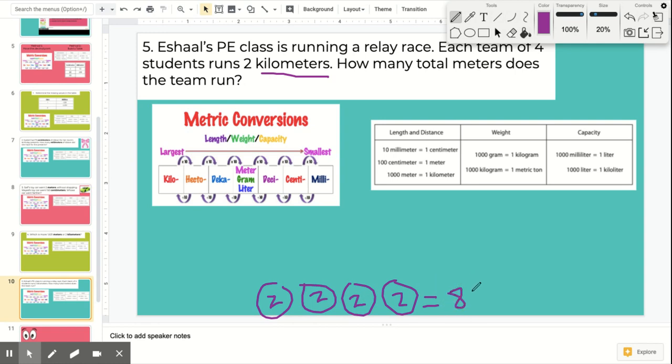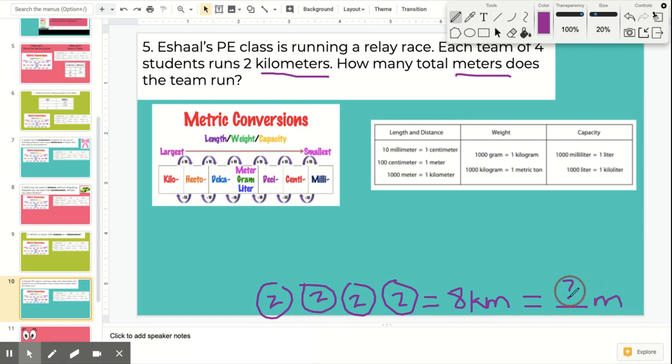Okay, and so you got to be careful because that would probably be an answer on an exit ticket or a test, 8 kilometers, okay? But the question doesn't ask for total kilometers, it asks for total meters. So they want you to figure out what 8 kilometers is in meters. So you have to convert that, okay?